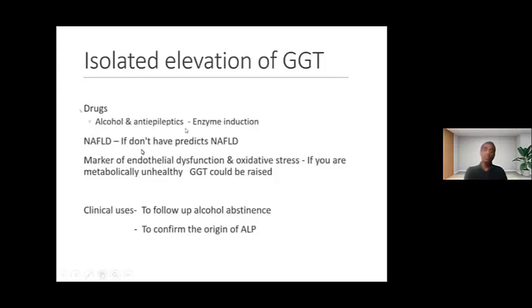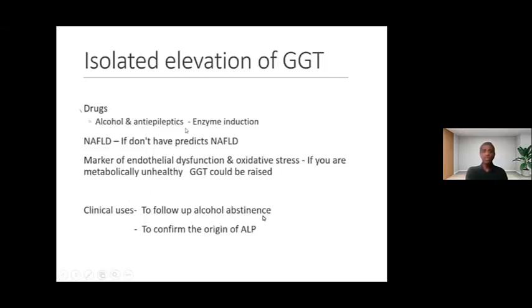If you don't have NAFL but still see a high level of gamma GT, it predicts the development of non-alcoholic fatty liver disease. So isolated gamma GT elevation is not normal. You should find the cause. Most of the time it's due to underlying metabolic syndrome with fatty liver disease.